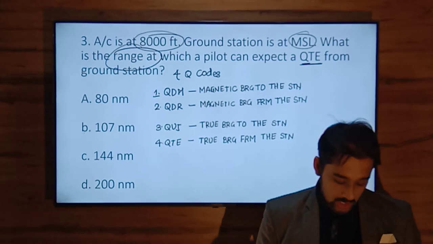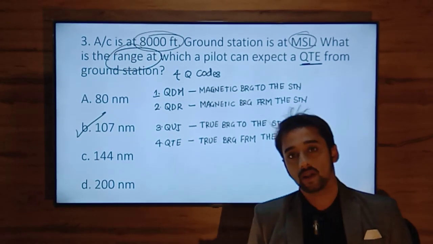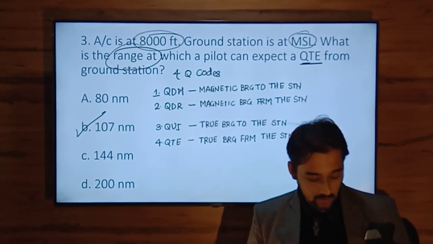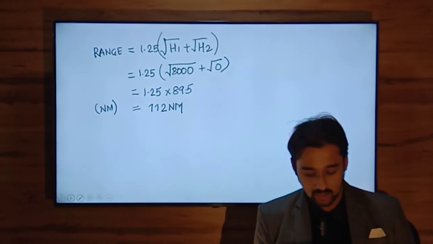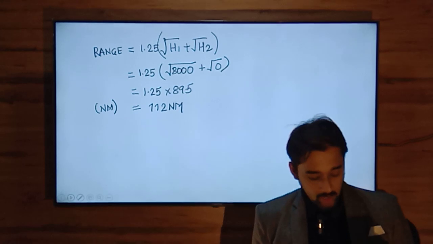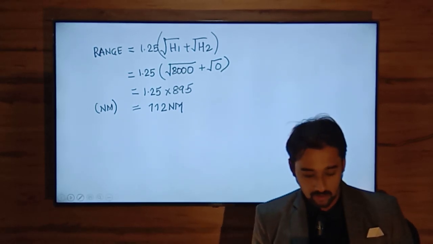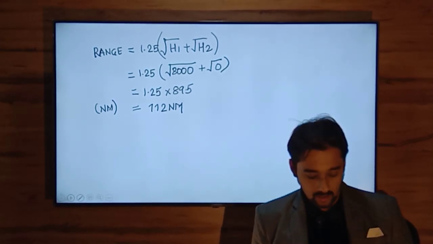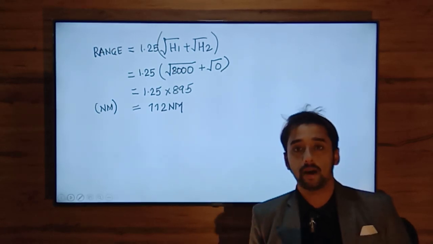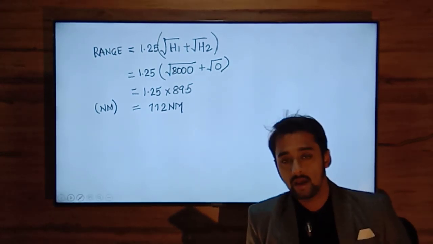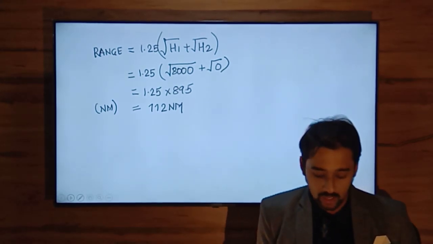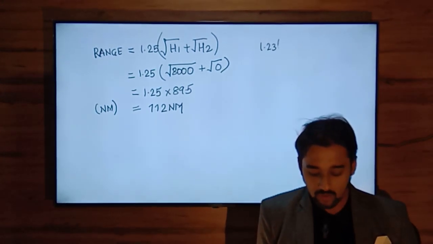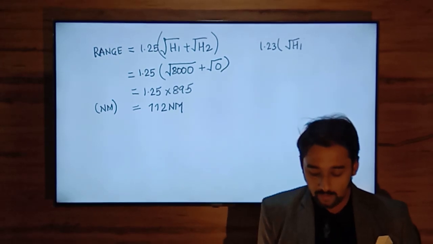The closest option is option Bravo, 107 nautical miles. Again, let me check: 89.5 multiplied by 1.25, yes, it is approximately 112 nautical miles. Now, in some textbooks, this formula has 1.23 square root of h1 plus h2.